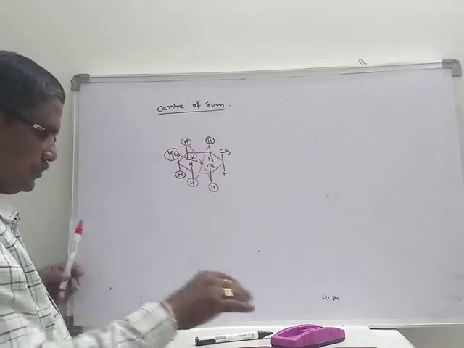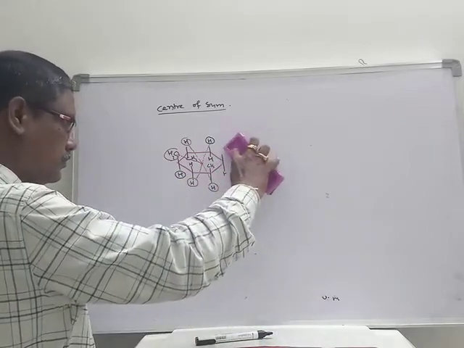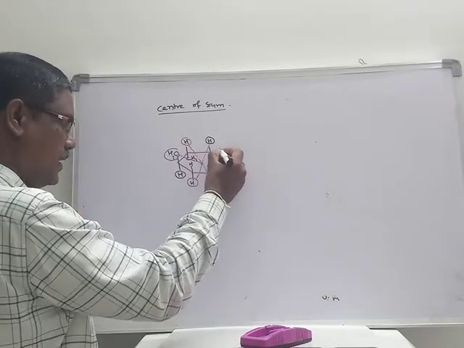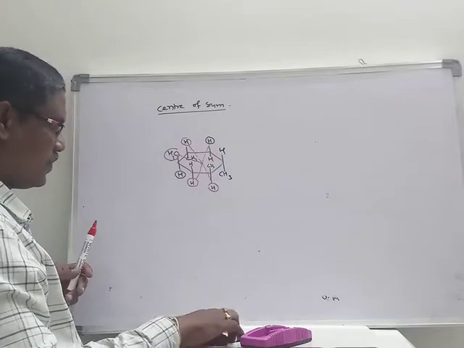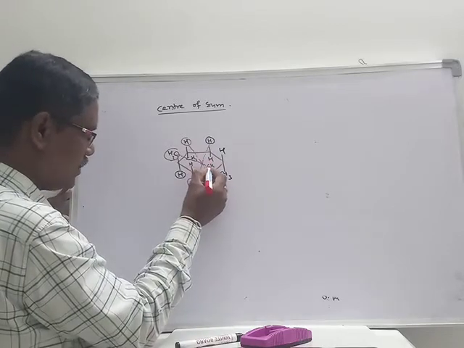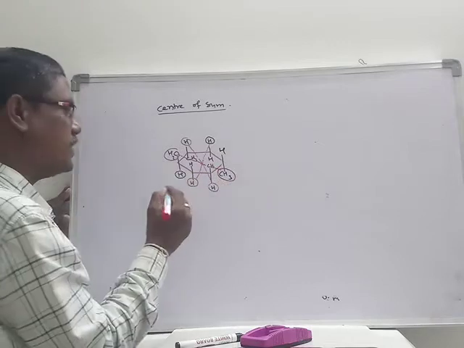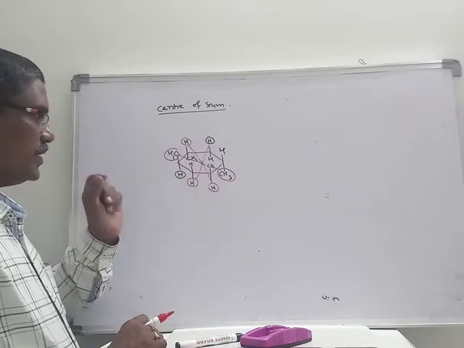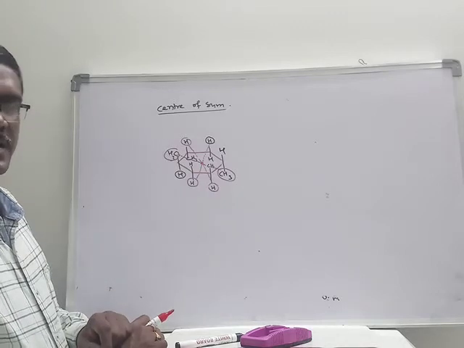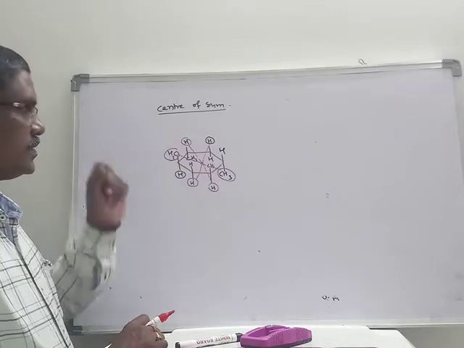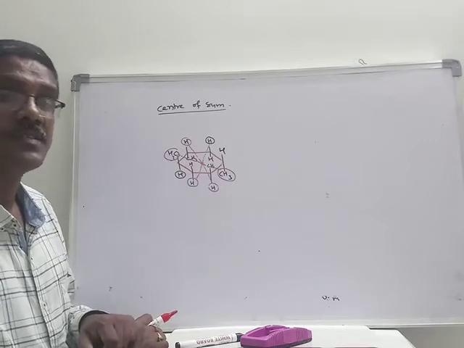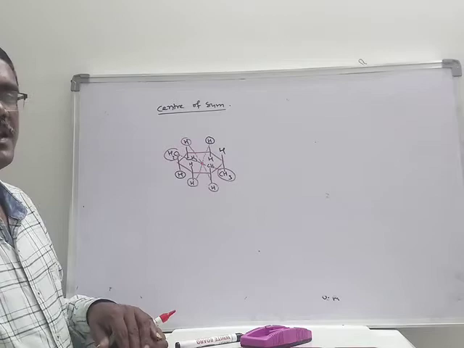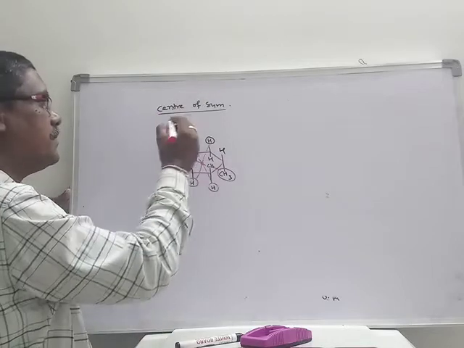Here also CH3 and H. So this line also touches this group with the same distance. An imaginary point which can touch similar groups with the same distance in a molecule is called the center of symmetry.